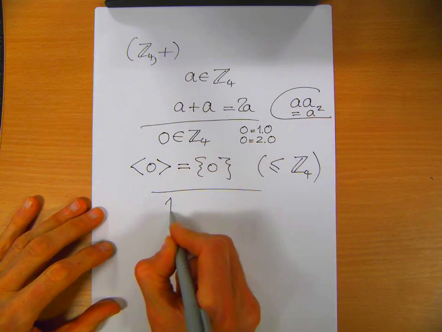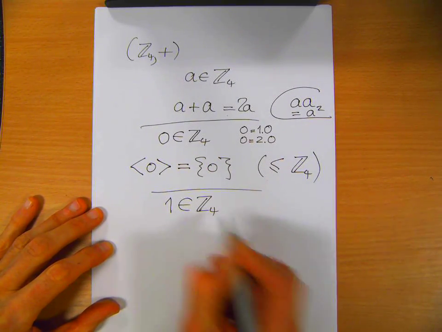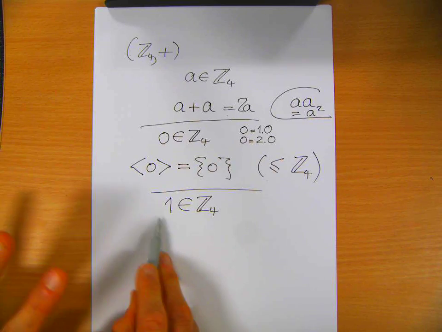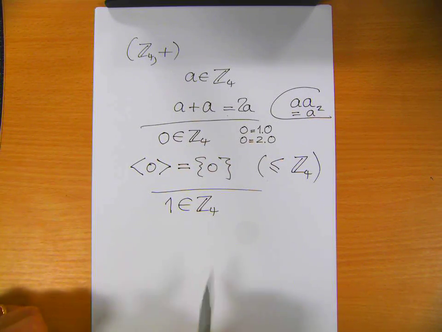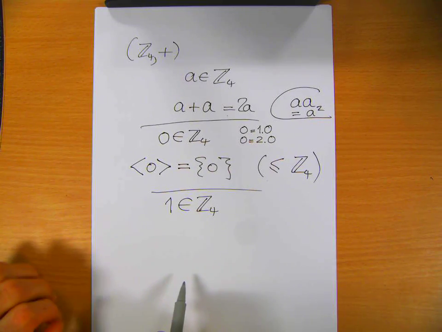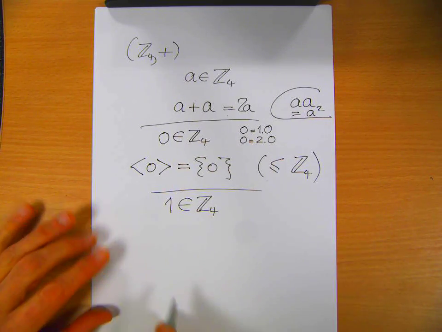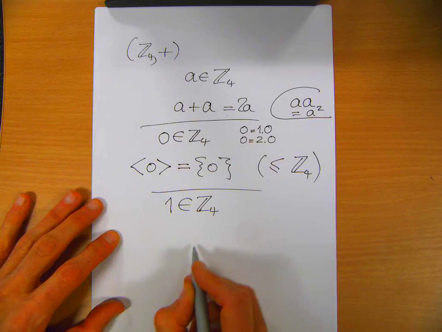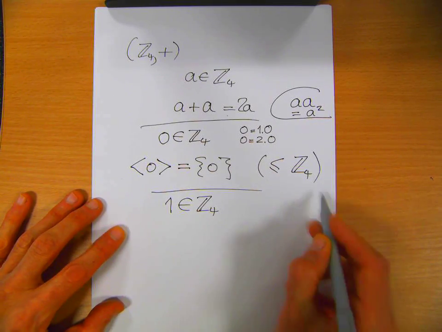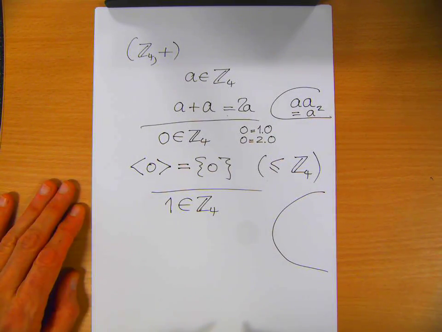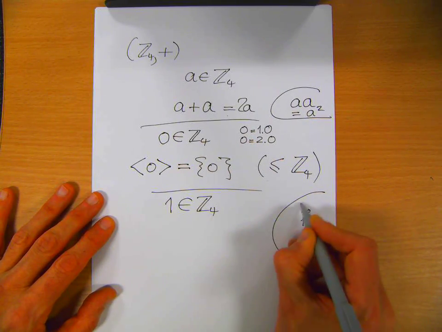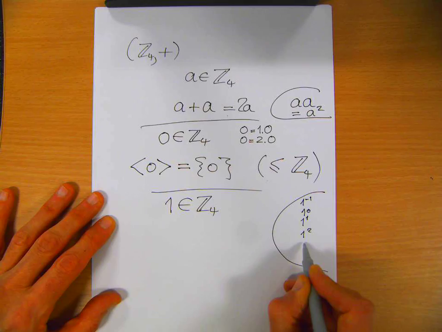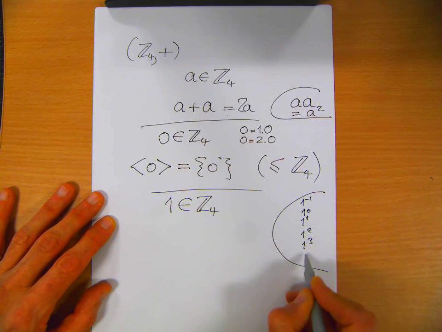What about taking 1 in Z4? Now remember, 1 is not an identity element or anything for addition. It's just an element of Z4, one of the 3 other elements other than the identity. So if we were doing multiplicative notation, we'd be looking at 1 to the power 1, 1 to the power 0, 1 to the minus 1, 1 squared, 1 cubed, and so on.